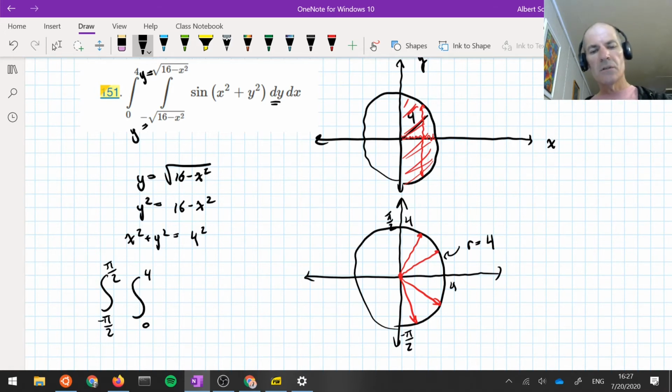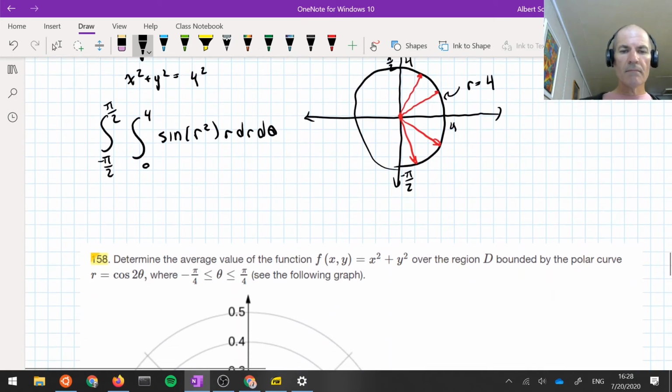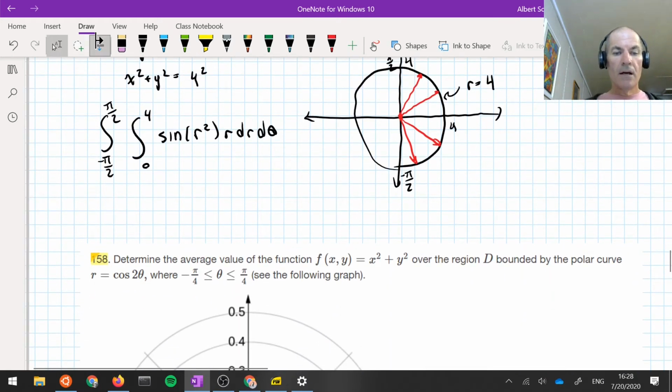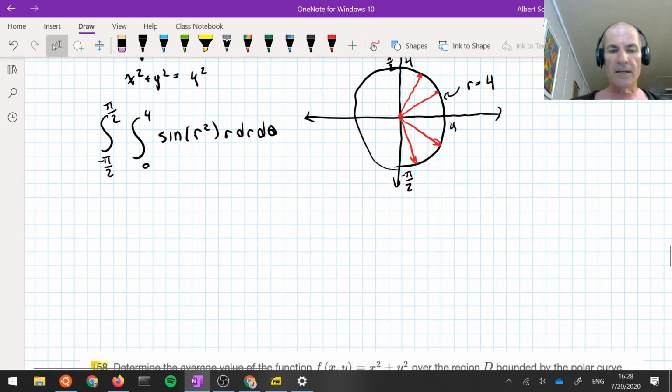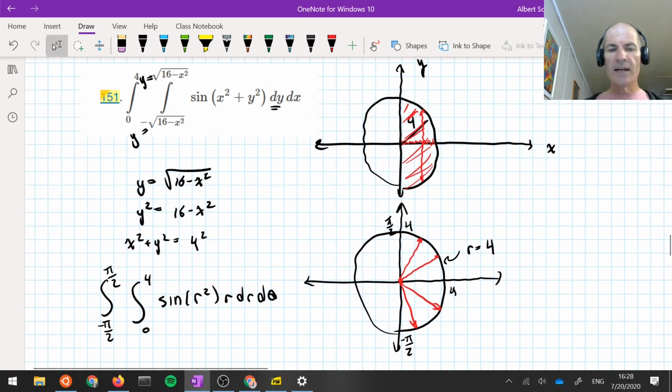The last thing we want to do is deal with the integrand. Sine of, and there's our old friend, x squared plus y squared, sine of r squared, and then dy dx becomes r dr d theta. Okay, you'll notice a lovely thing has happened here. Once again, sine of x squared plus y squared, that would have been hard to integrate.